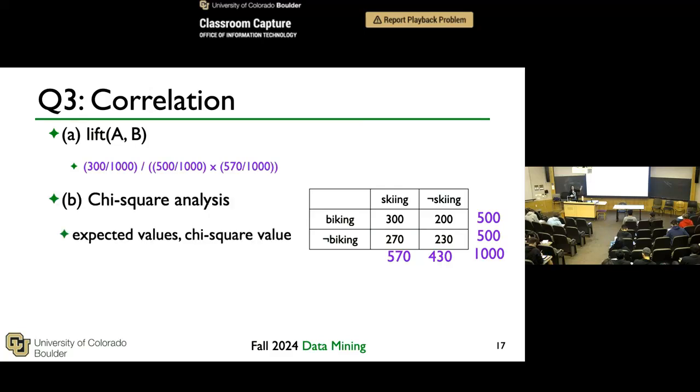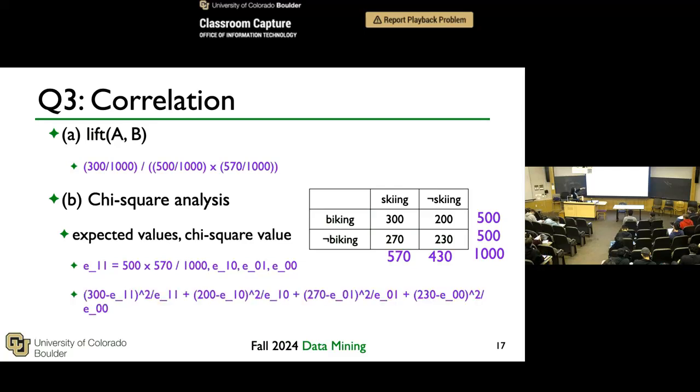So one is the computational steps, knowing how to use the formulas to do the computation. But then in terms of understanding, once you have computed, you can decide whether there's a correlation or not, whether this is a positive or negative correlation, and whether it is null invariant or not. So chi-square and lift, do they always take into account the null transactions? Yes.